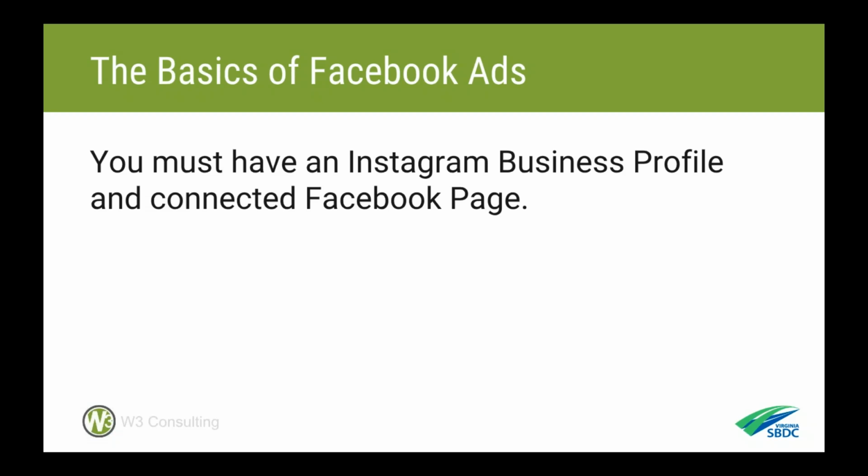You click on that button, and it's going to ask you to connect to a Facebook page. So if you have a Facebook page associated with your business already, you will just log into Facebook and connect to that Facebook page. If you do not have a Facebook page for it, I highly recommend that you go to a desktop and set up the Facebook page the way it should be, and then come back and connect them.